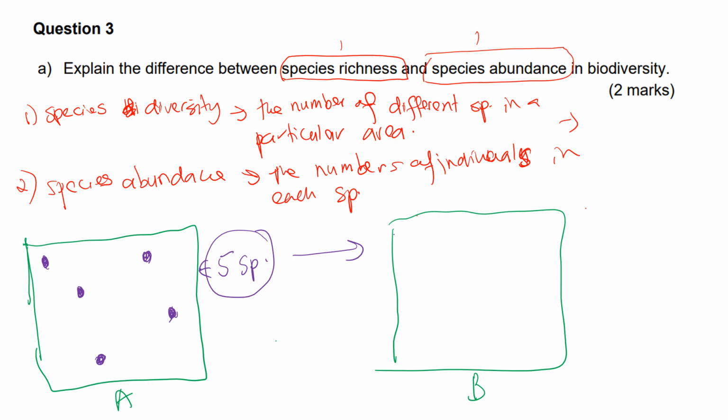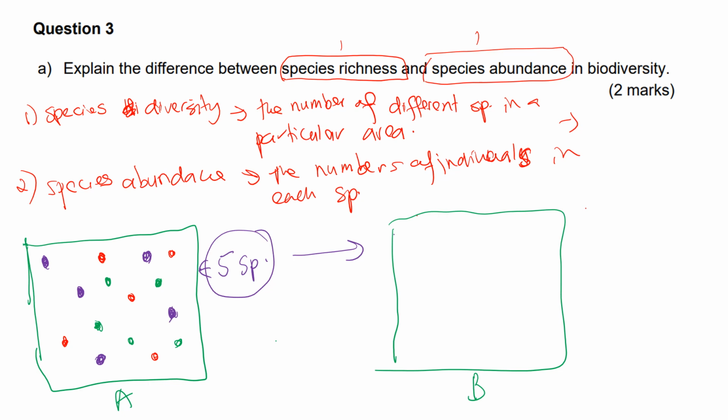Another species is in red color, so also they have 5 individuals. The green species also has 5. So how many do we have already?